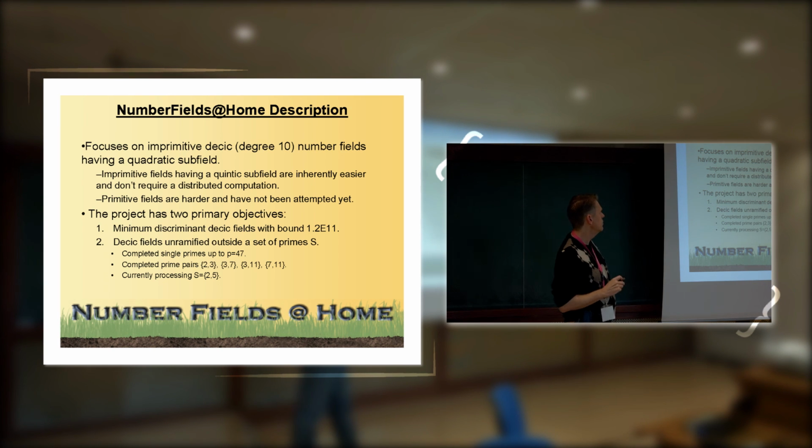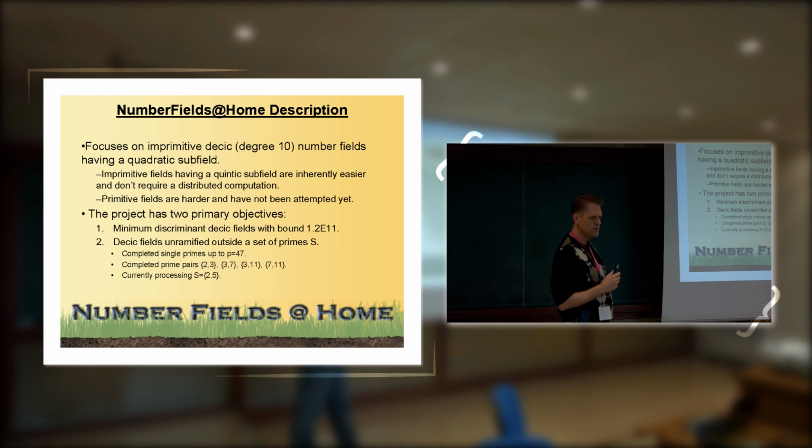We did a search earlier for minimum discriminant decics, and I think we used a bound of either 10 to the 9th or 10 to the 10th, so it's a much easier search. And we completed that search pretty quickly and filled out a bunch of minimum degree 10 fields in that table.